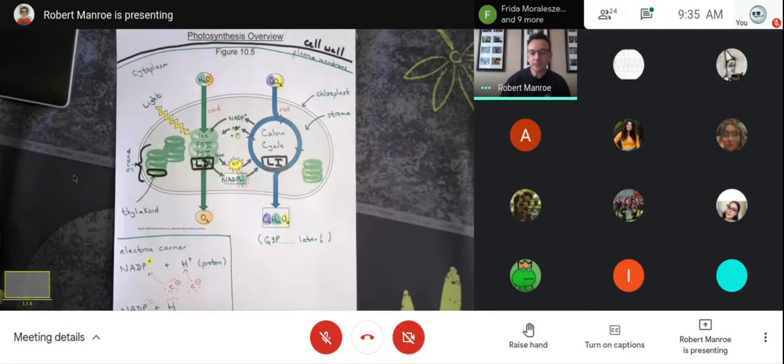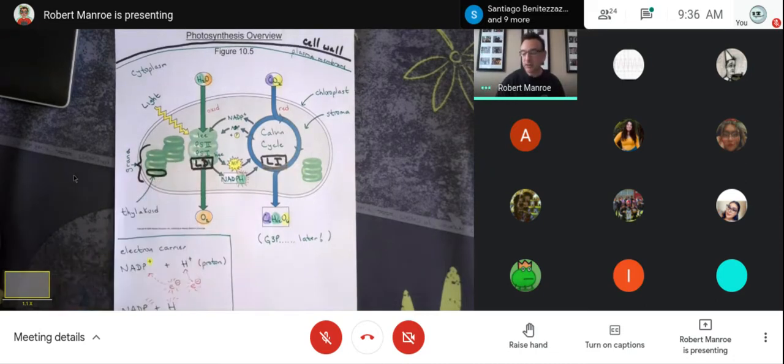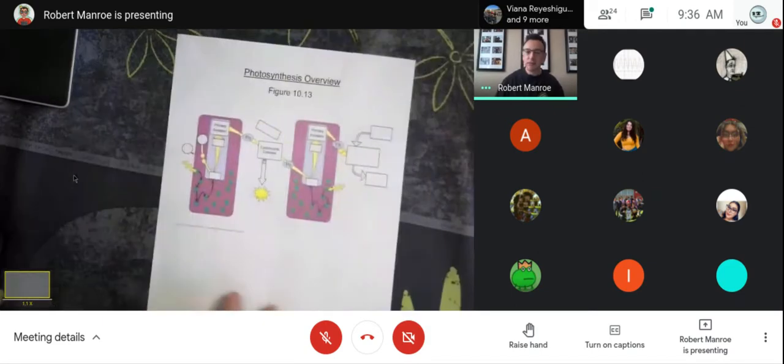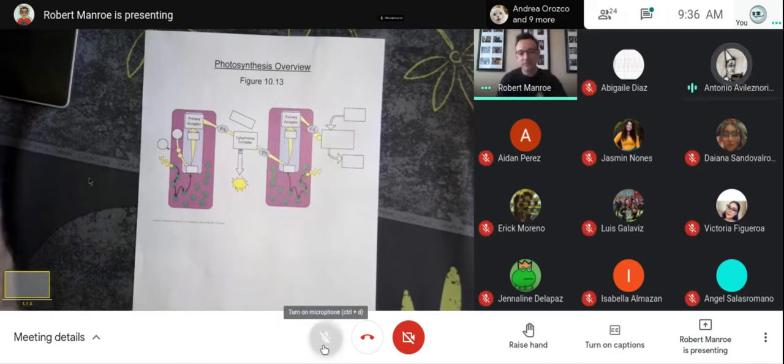All right. So, photosystem 2, photosystem 1. There's two photosystems here. So guess what this handout is? The photosystems.